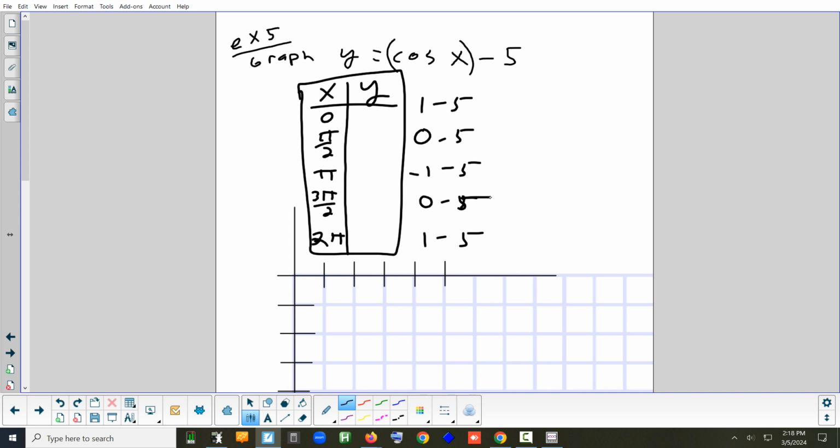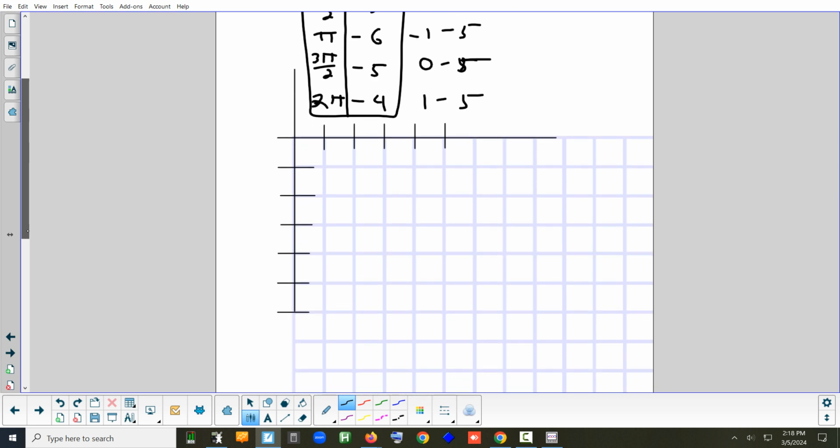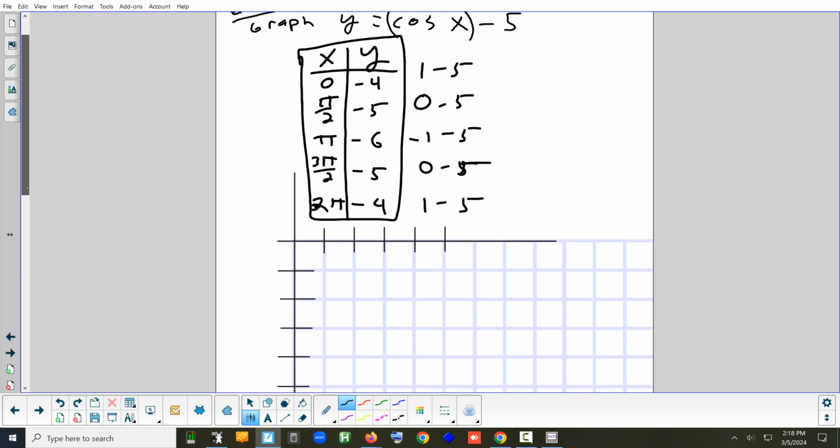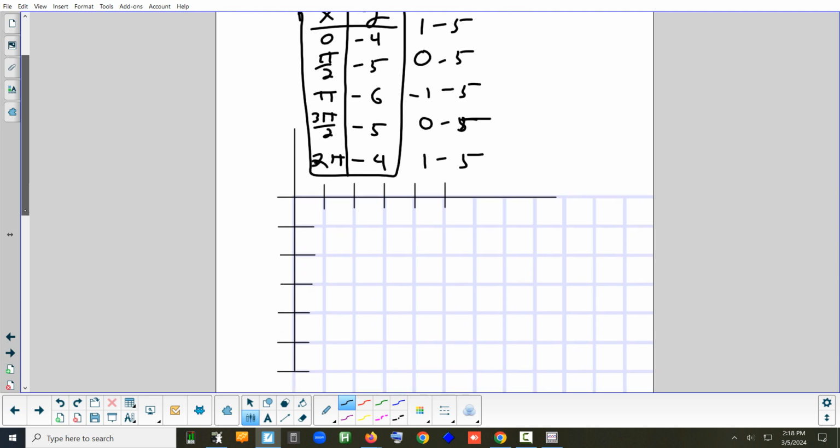All right. So what are my new y values going to be? Negative 4, negative 5, negative 6, negative 5, negative 4. Yep. Perfect. Since I've got plenty of graph space to go down to negative 6, I don't think you need to scale it. If you didn't have enough, you could scale it.